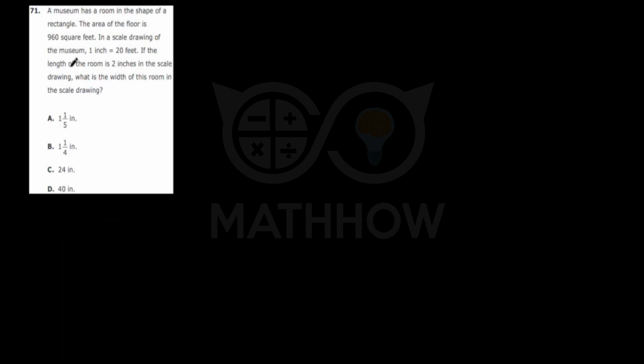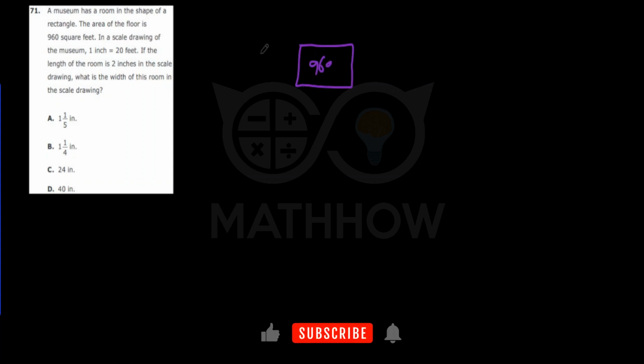Question number 71. A museum has a room in the shape of a rectangle. Suppose this is the room. The area of the floor is 960 square feet.